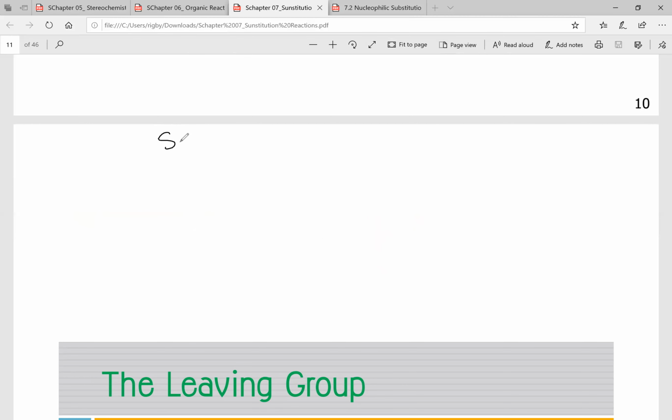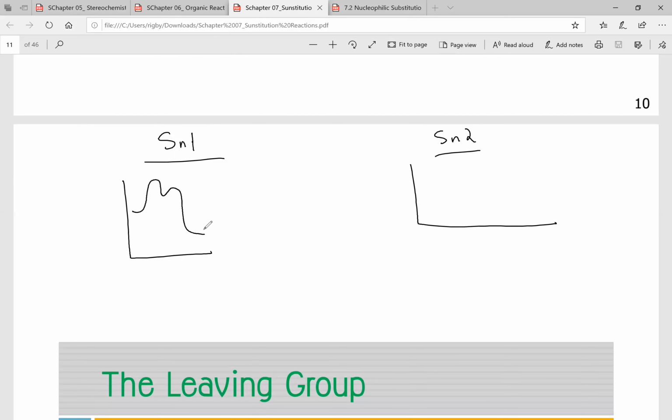So now let's look at Sn1 and Sn2 by comparing their reaction graphs. This is something that we talked about in chapter 6. So we say that Sn1 is two steps, so it's going to have two activation energies, 1, 2. Sn2 has only one step, so we have one activation energy, 1. Okay?